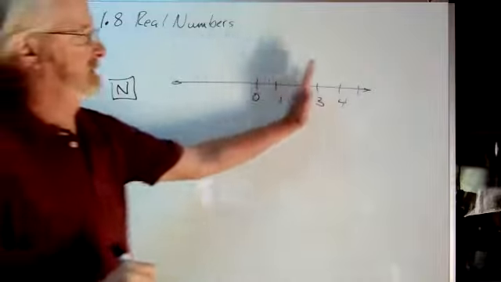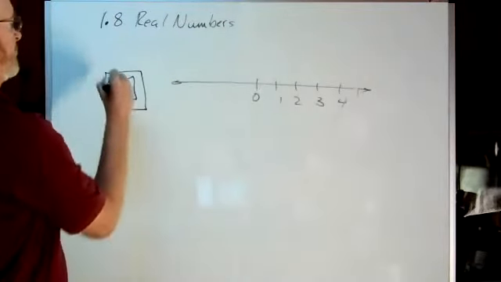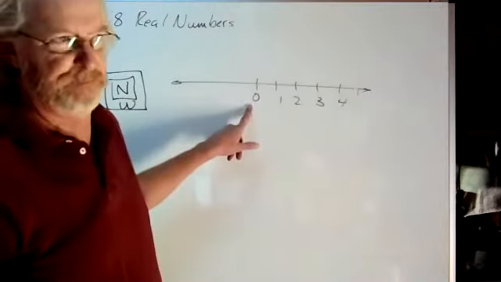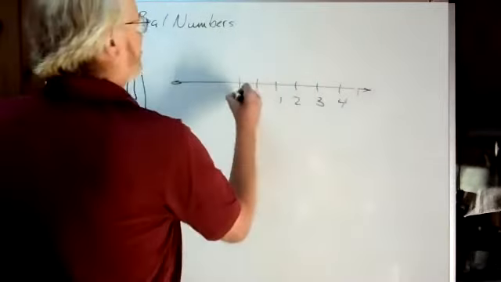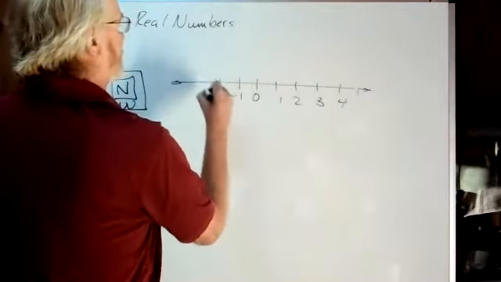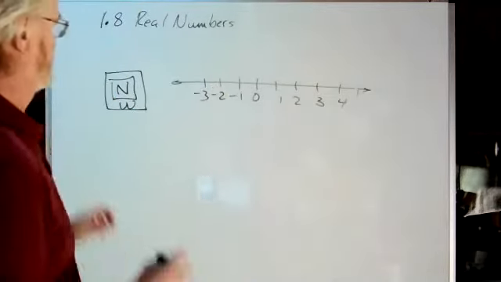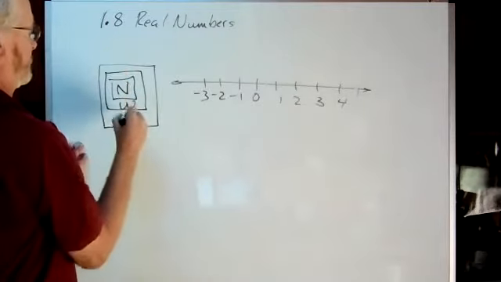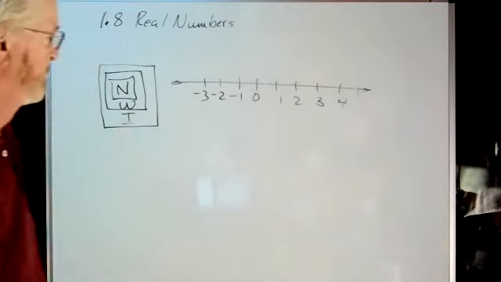If I add the 0, it gets a little bigger, and I get the whole numbers, which is just the addition of the 0. Then we had their opposites, all the negative values, and that became the set of integers. We're getting a little bigger.